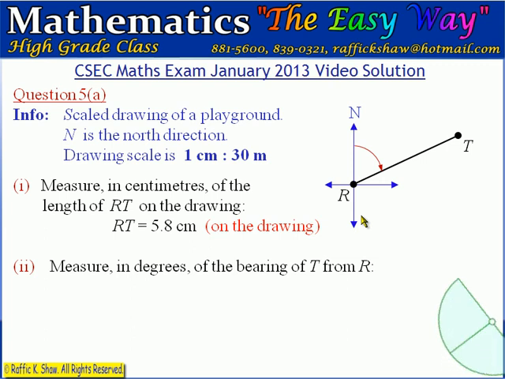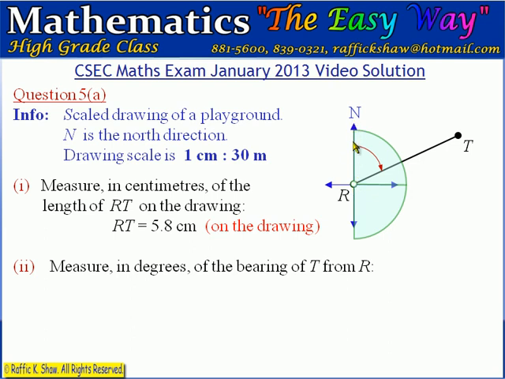And so we need to bring in our protractor, and this represents our protractor, and it has to be placed properly and carefully so that we can measure this angle carefully. What we do is ensure that the origin or the center of the protractor is at the intersection of this north line and the line joining R to T. That's the vertex of the angle that we're measuring.